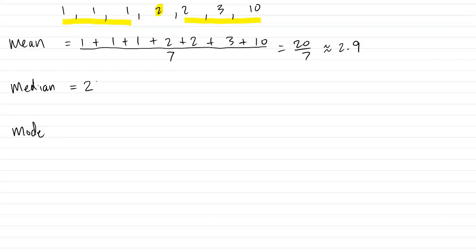Now the mode. Let's calculate the mode. There's not much calculation involved here at all. All you have to look at is the most commonly occurring data value. Notice that there's 3 1s, 2 2s, just 1 3, and 1 10.